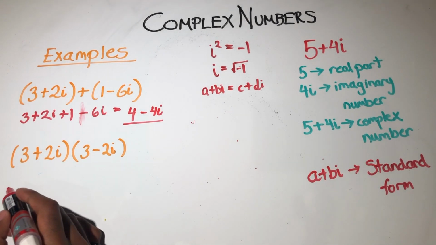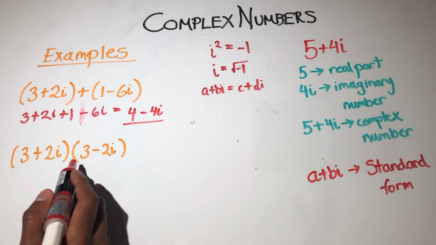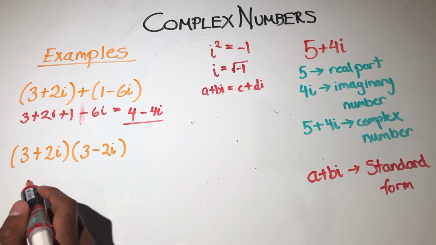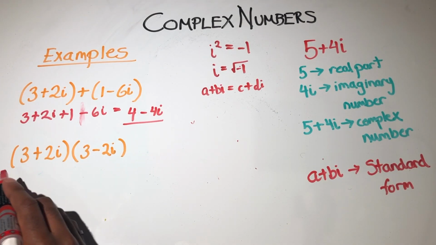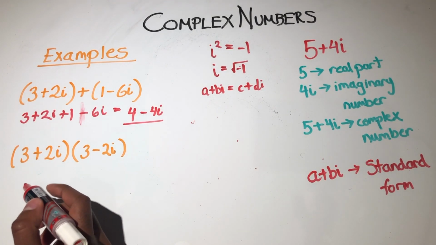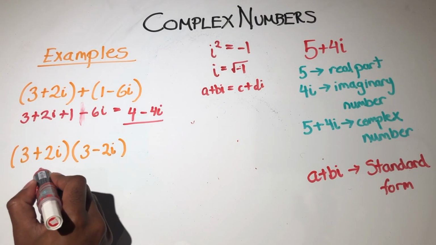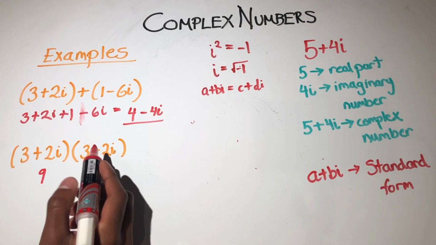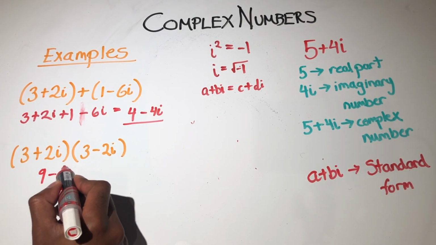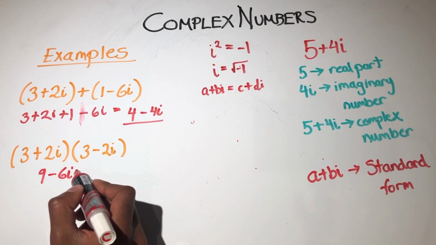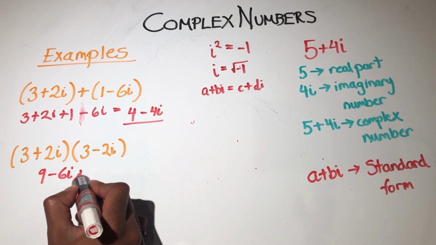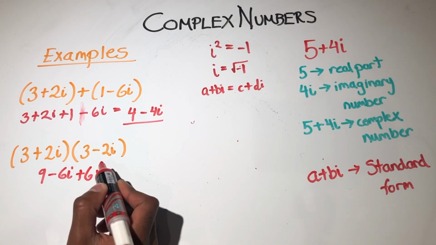In the next example, we have (3 plus 2i) times (3 minus 2i). Notice we're going to have to use the distributive property here. So 3 times 3 is going to give us 9. 3 times negative 2i is going to give us negative 6i. 2i times 3 is going to give us positive 6i.